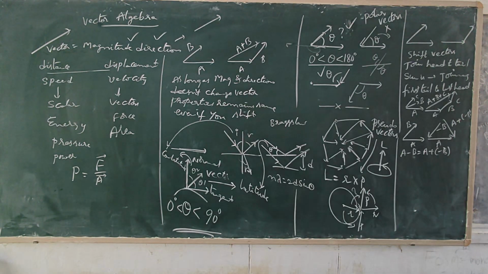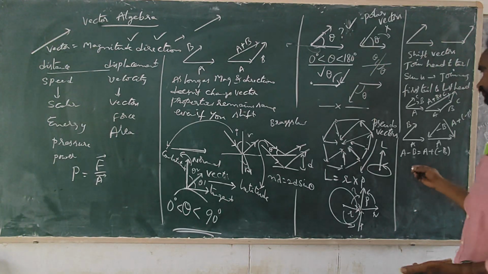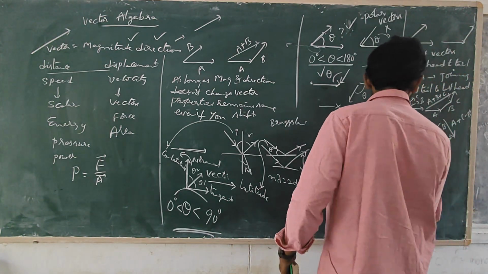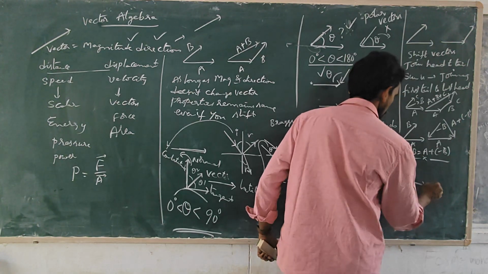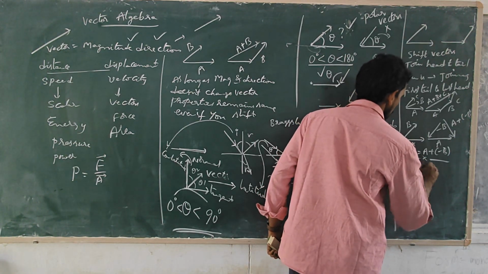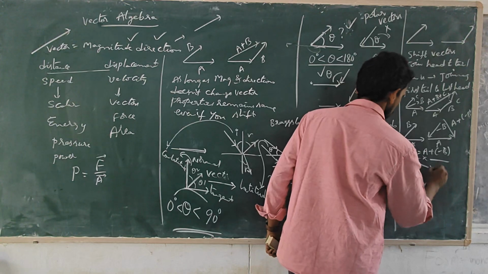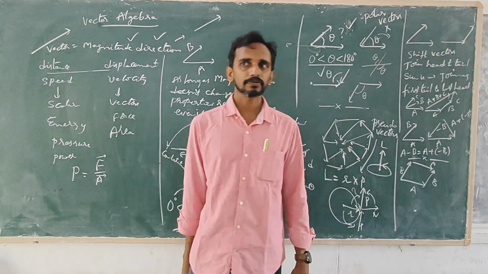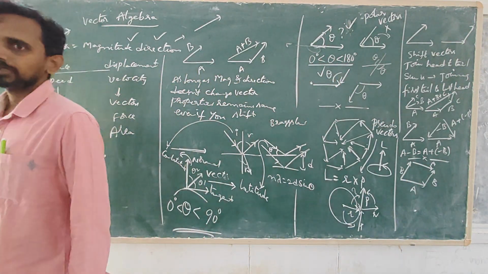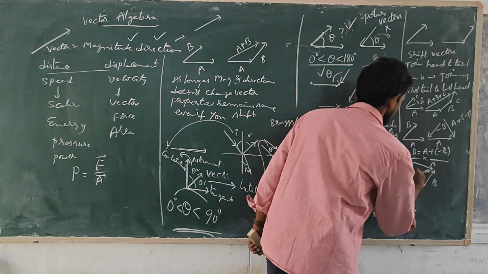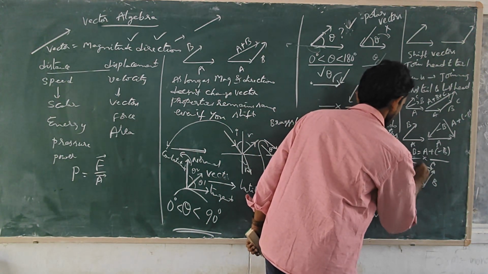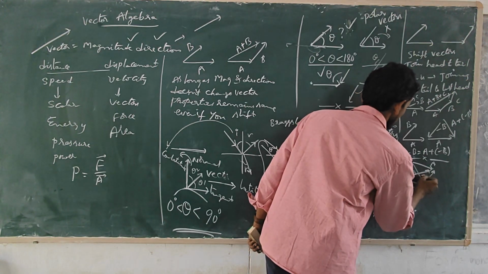So the same thing you can calculate from the parallelogram law. Parallelogram law em cheptundi? When you have two vectors, construct a parallelogram by drawing parallel lines to both a and b. Then one diagonal will give you a plus b, another diagonal will give you a minus b.